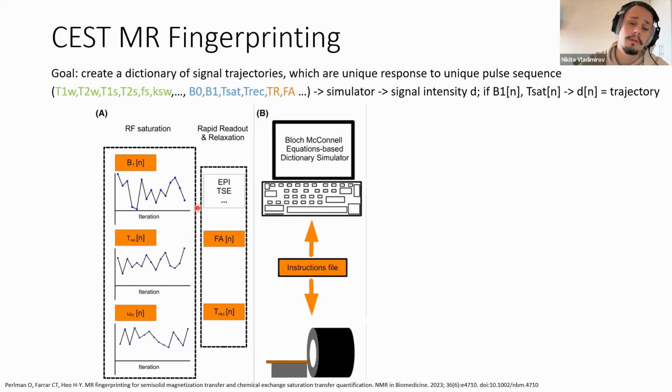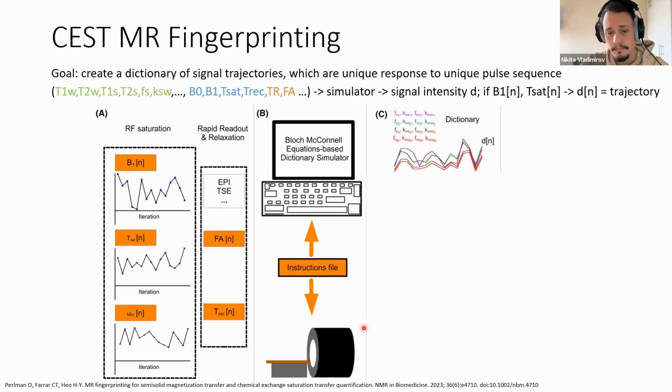We can put them into our simulator, and we can create a sequence file for the actual scanner. And after that, we can simulate this dictionary. Here you can see a set of signals corresponding to the set of parameters. And by the way, in this research we use the Pulseq library. It's a library which allows you to program your sequences for the MRI.